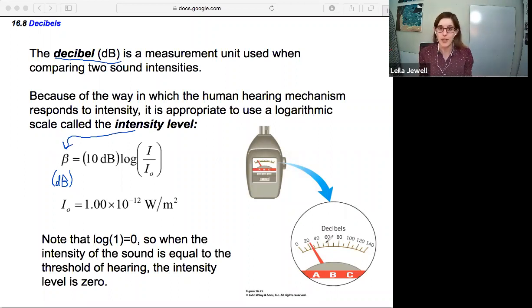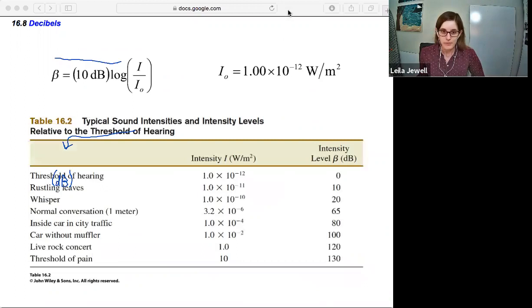There are all kinds of free apps for your phone for it too. So you have ways to measure this, but this is the way that people talk about sound intensity levels, with decibels. Some of them are calculated here as a reference, using our intensity level equation with our threshold of hearing.